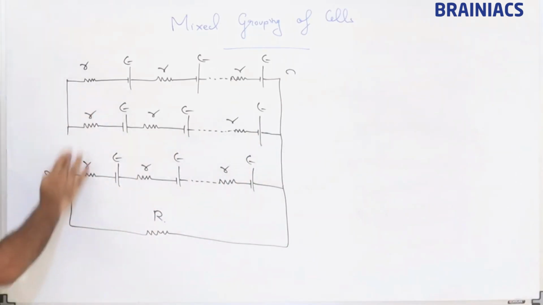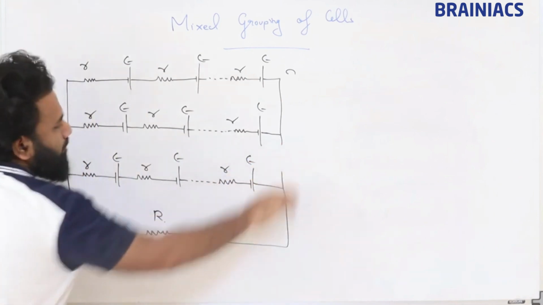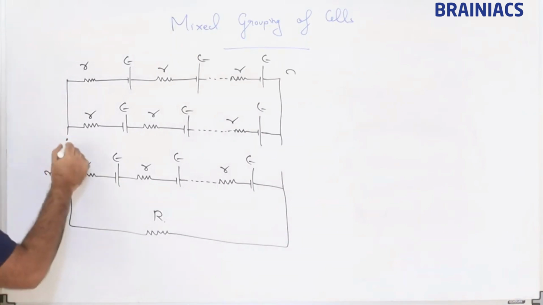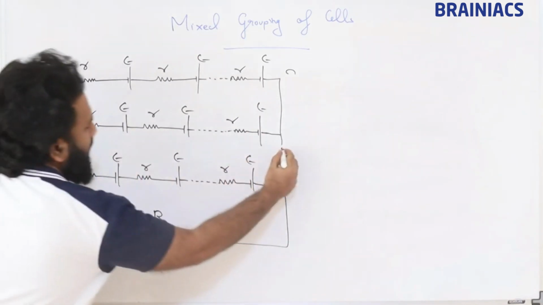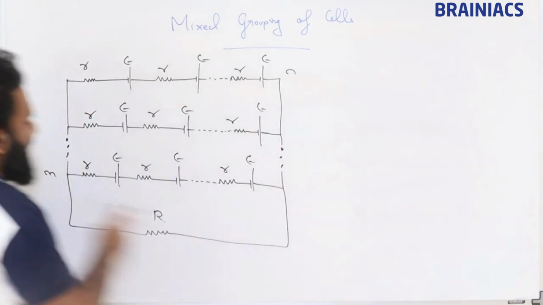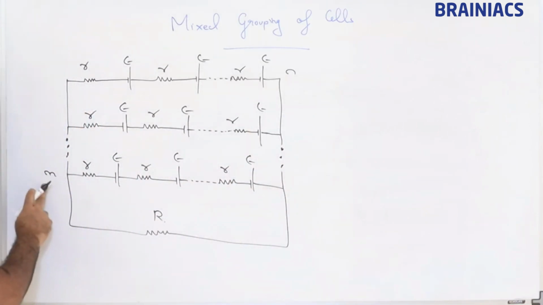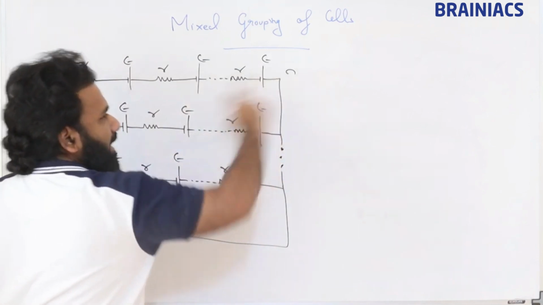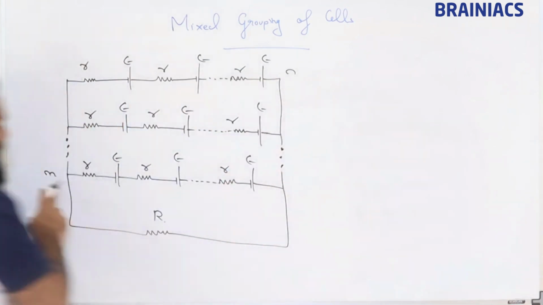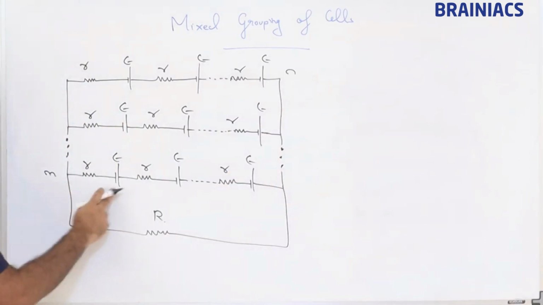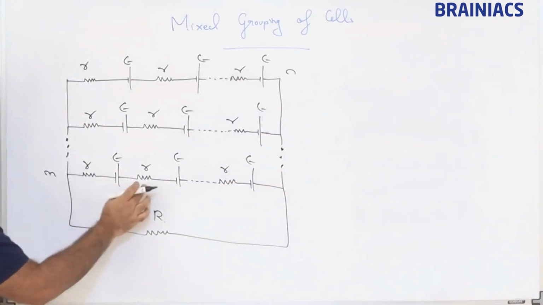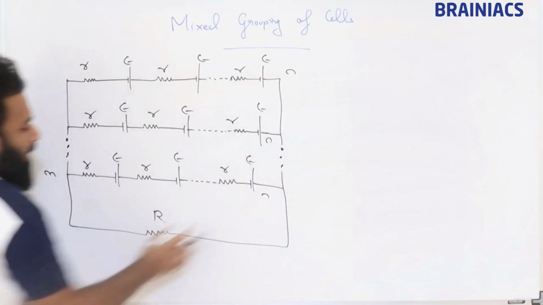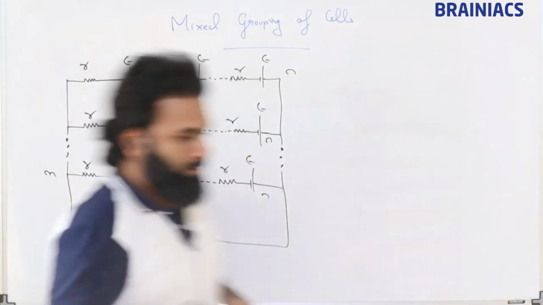Likewise here also we will be putting dots. So many series rows like that, then after that we will be getting the mth row. There are n cells in a row and there are totally m rows. External resistance is also connected.